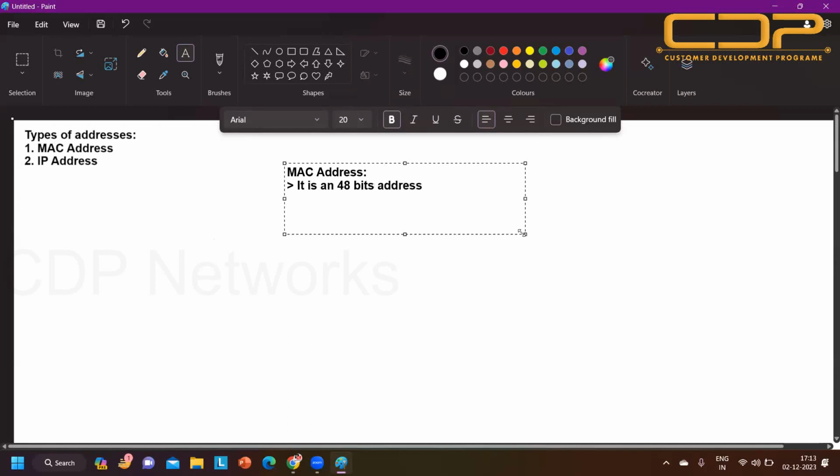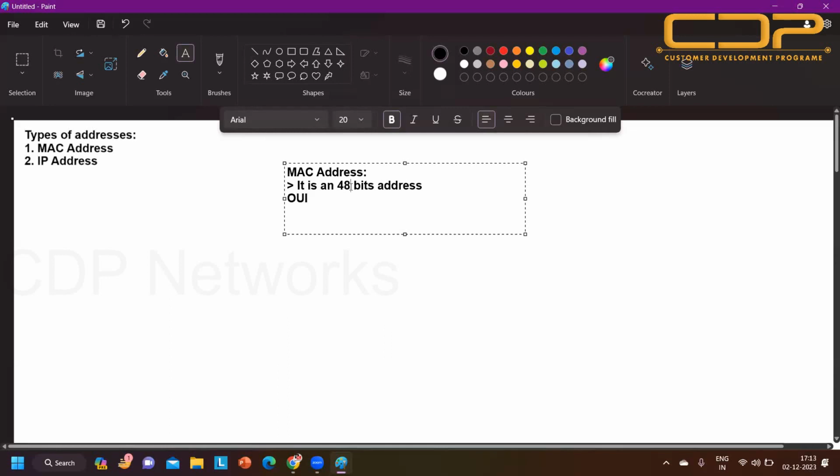Now there are two parts in this 48 bits address. The first part is OUI. OUI stands for Organizational Unique Identifier.